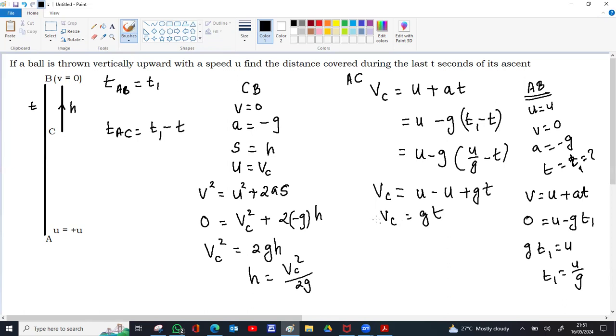Now you can substitute the velocity at C here. In that case, the h value will come as g square T square by 2g. So one g gets cancelled, giving half g T square.